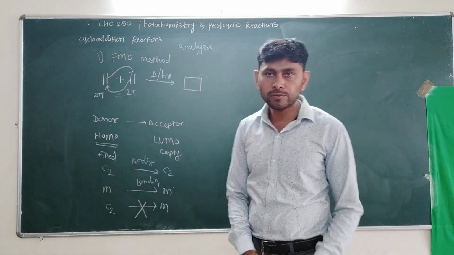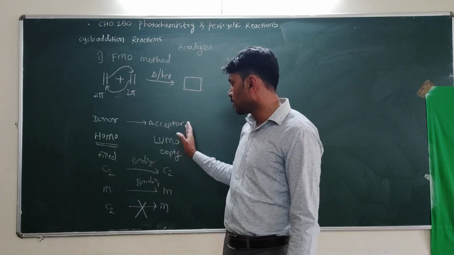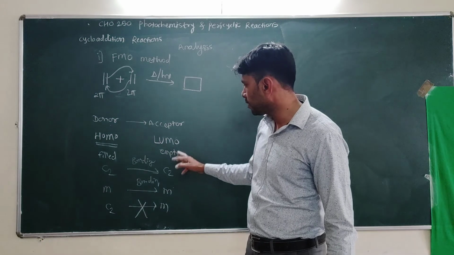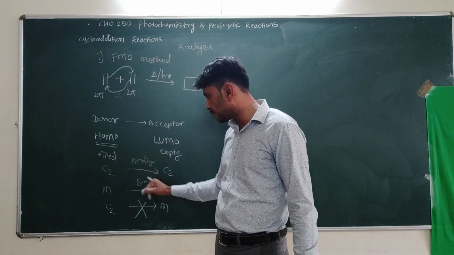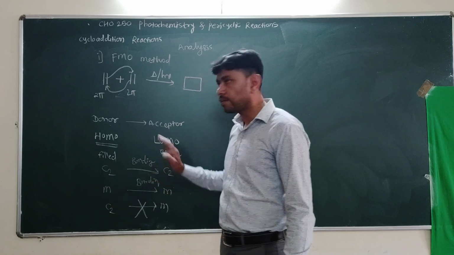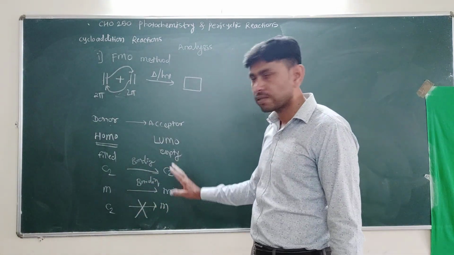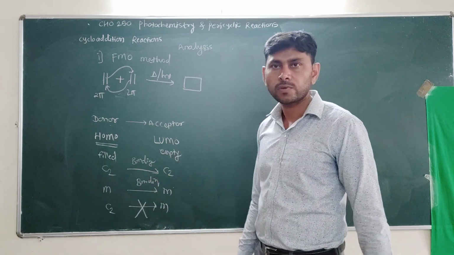Donor means we use the highest occupied molecular orbital, the filled orbital, and for the other species the lowest unoccupied molecular orbital, which is empty. If the HOMO and LUMO have the same symmetry, either C2 or M, then bonding overlap occurs. If they have different symmetries, then that reaction is not allowed by that particular mode of activation. Okay, thank you.